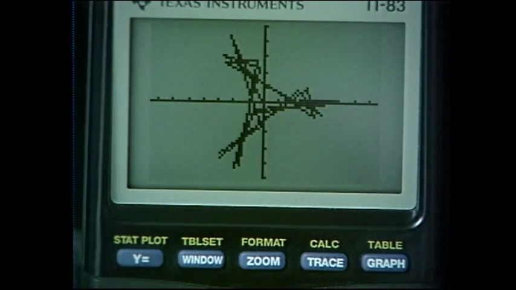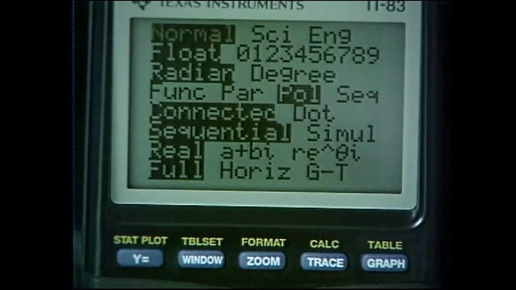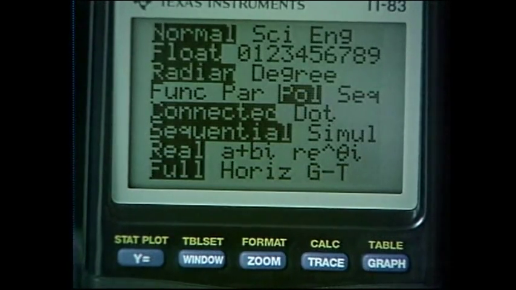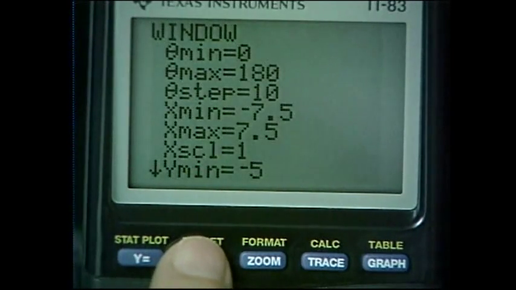Oh my! Again, when the graphs kind of look like they have a life of their own and something comes up that's unexpected, it's usually a mismatch between radian mode and degree mode. So here we're in radian mode, but in our window settings we're setting up for degree mode, so we have a bad correlation there.